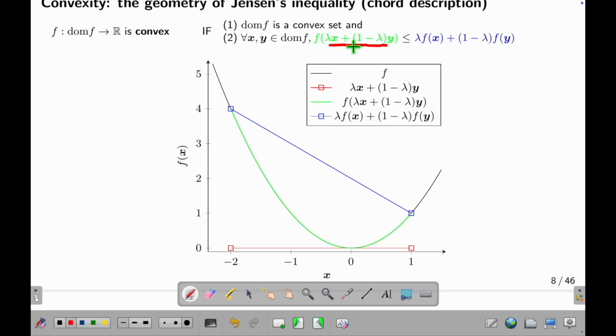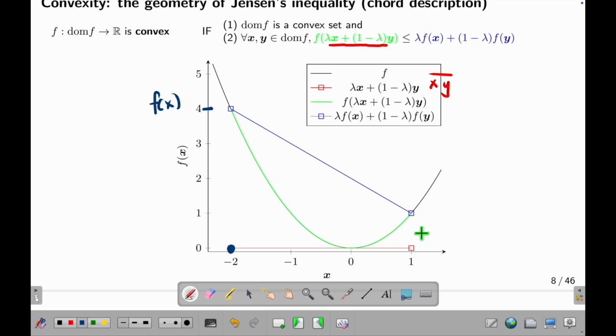First, this part is red, this line. This is a convex combination of x, y, so this actually is the x, y line segment, okay. Then, this green thing is f of the whole red line. Because of the definition of f, we get this green line. What is this blue thing? We have f(x). This is x, then f(x) is there.